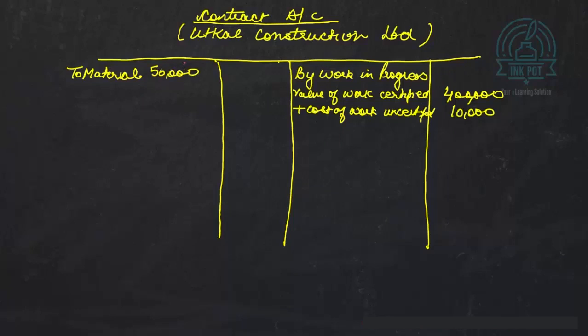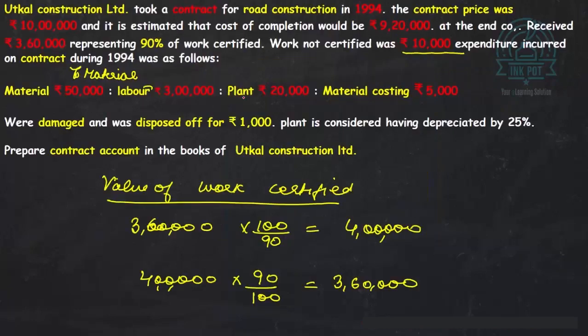But we are also given that material costing rupees 5,000 was damaged and disposed of. So that means in this particular contract we have used only material worth rupees 45,000.